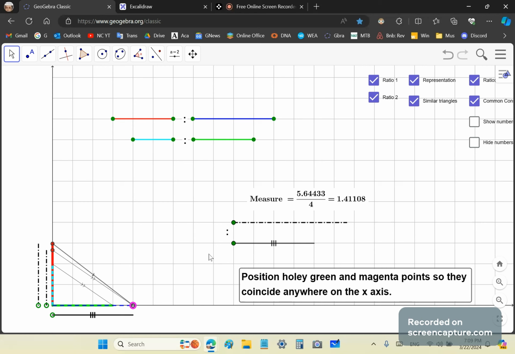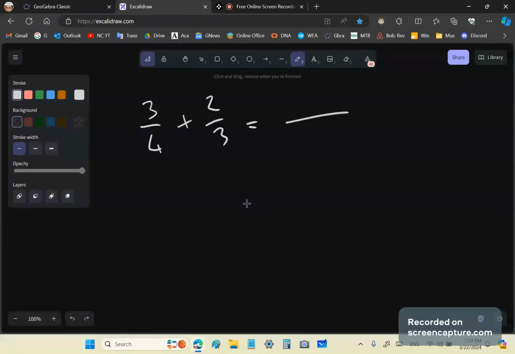So if we're adding them, we've got 3/4 plus 2/3. So let's do that. Let's see what that gives us. That gives us 9 plus 8, doesn't it? If I've done my arithmetic properly, that's 17 over 12, which is 1 and 5/12.